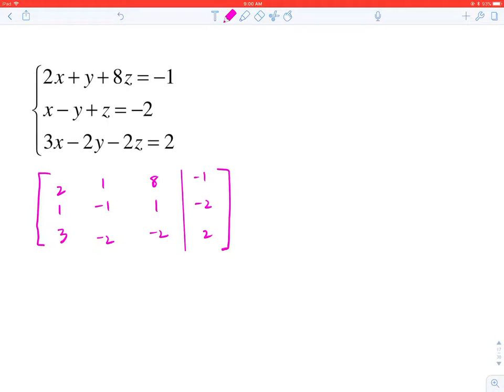Okay, so first thing I want to do is make this first element 1, and I notice that the element in column 1, row 2 is a 1. So I'm going to first switch row 1 and row 2.